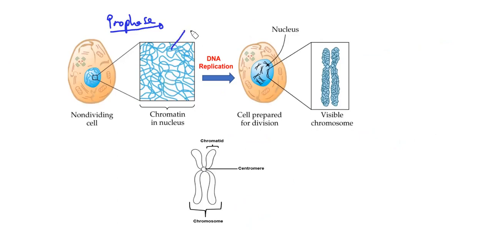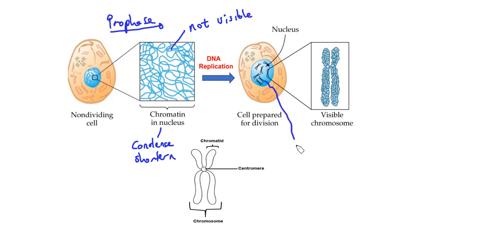In preparation for cell division, DNA has to replicate, and the chromatin network condenses and shortens to become visible as chromosomes.